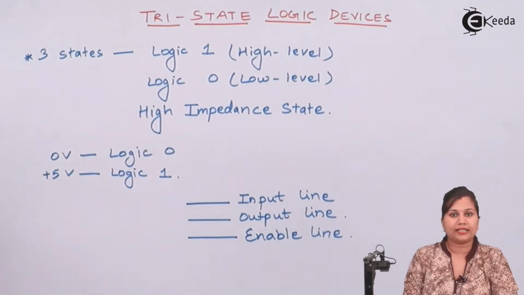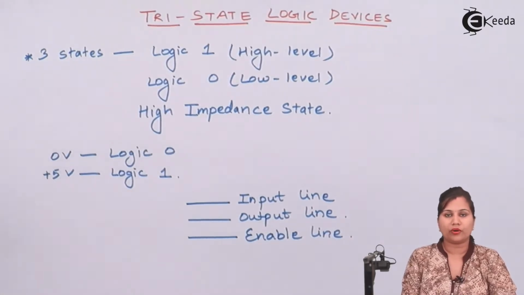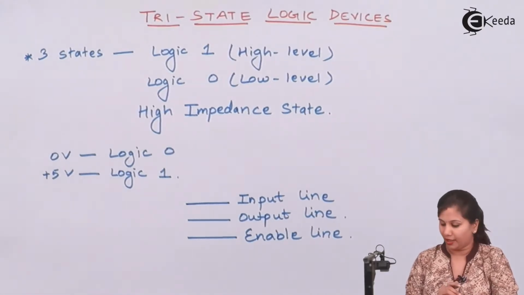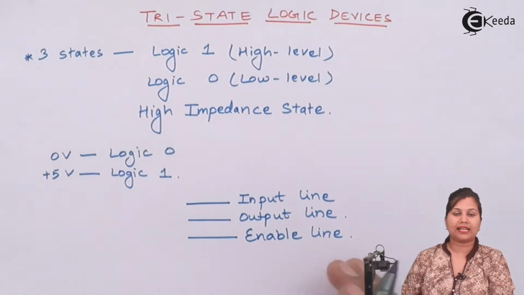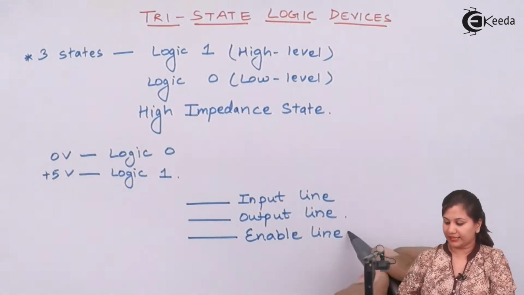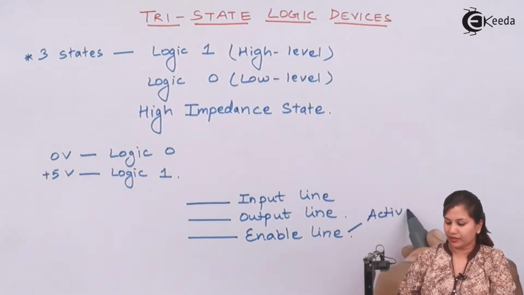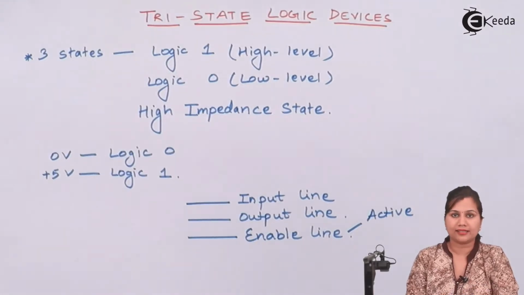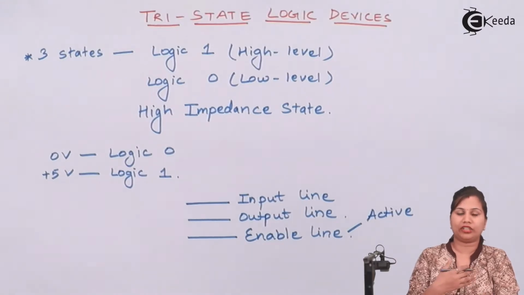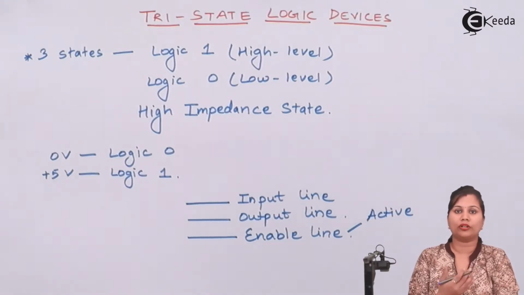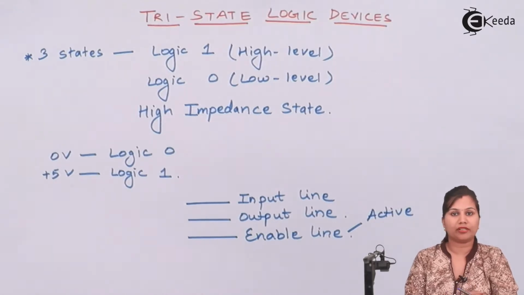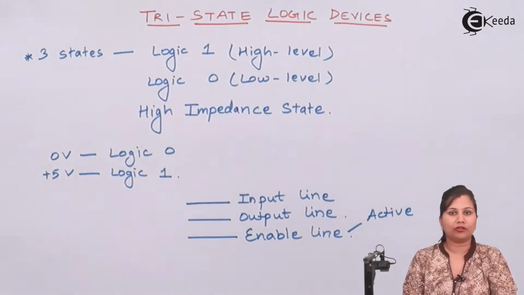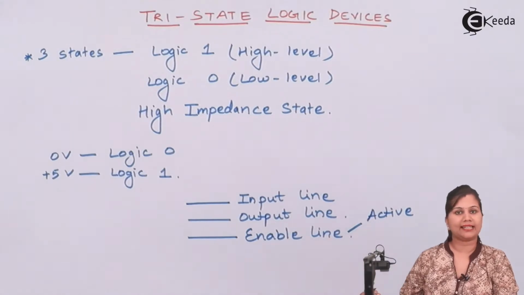This enable line is used to turn on or off, or we can say connect or disconnect, the logic device in the circuit. So when this enable line is high, or we can say it is active, then the logic device will behave as if it is connected in the circuit. Whatever the operation of the logic device, like if we have connected an AND gate or OR gate, or buffers or inverters, they behave normally when this enable line is active.